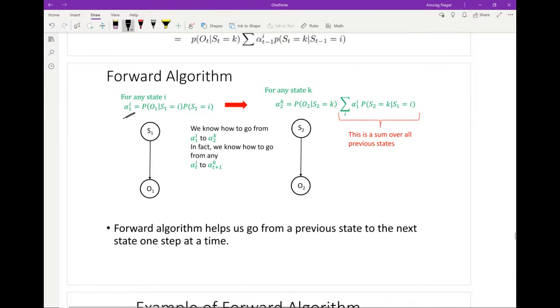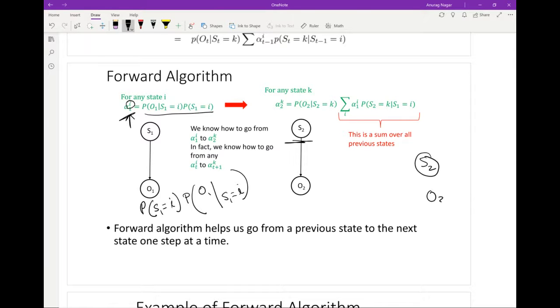So alpha 1 i, alpha 1 means after time 1 being in state i. As I said, that is easy to fill out. It's like probability of starting S1 in state i, then probability of outputting O1 given state 1 equal to i. That is 1. Now state 2 is going to be interesting because at time 2 being in state 2 can happen by two ways.